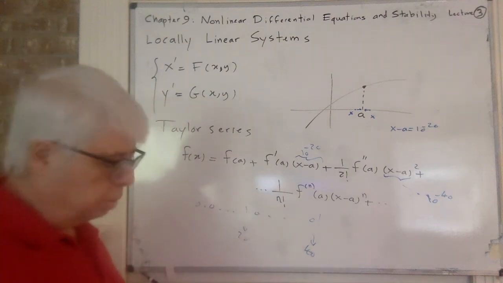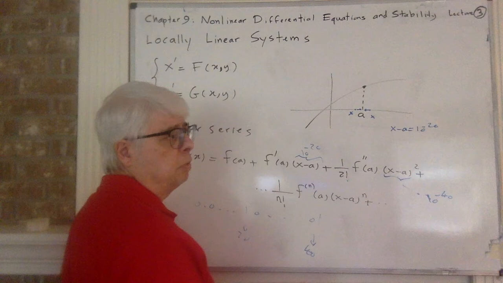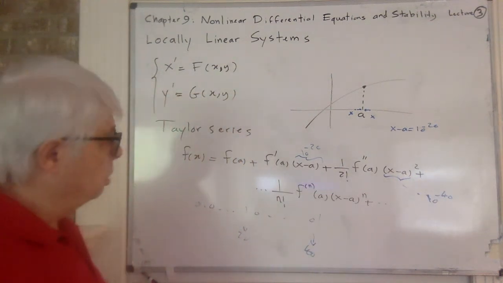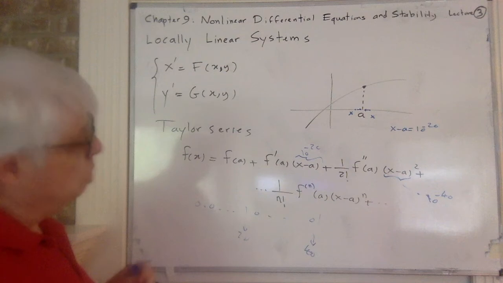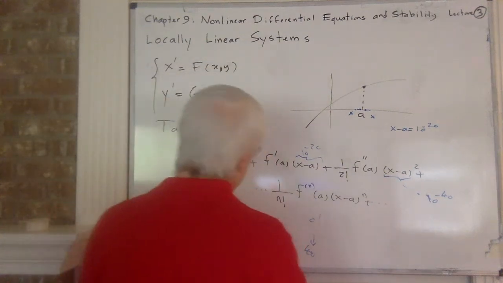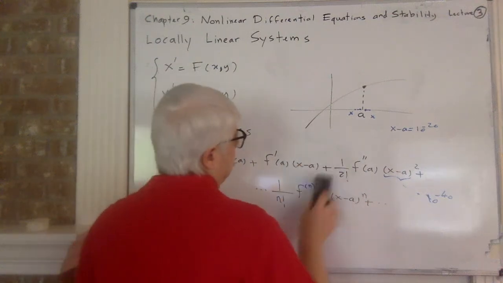You can just ignore it. Now just imagine for n equals like 5, that's way out there somewhere, so you can just ignore it. So as you get closer and closer to a, what remains for you is just this part.